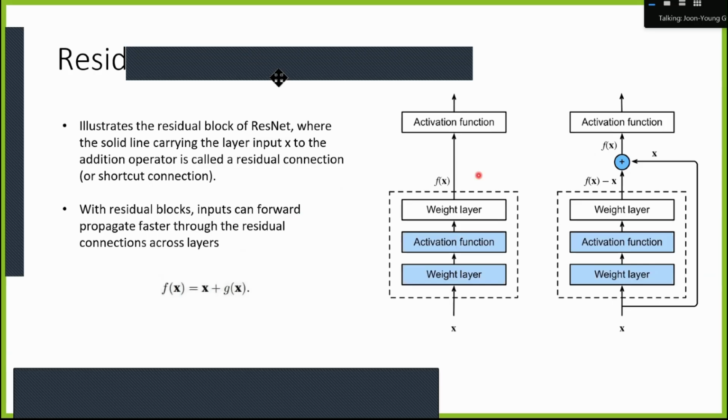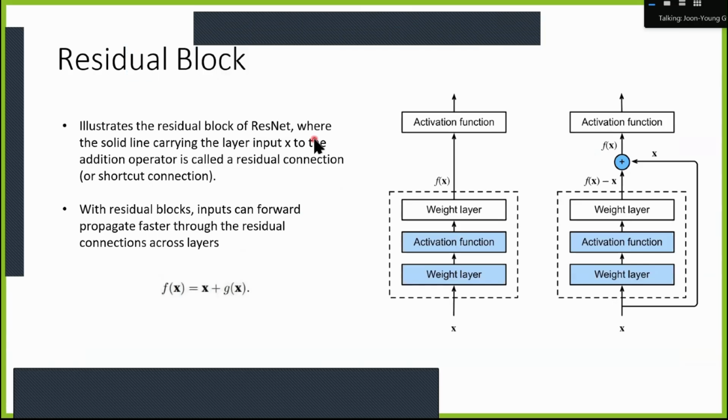Another architectural advancement in deep learning is the residual block, which some of you may have heard of as ResNet.